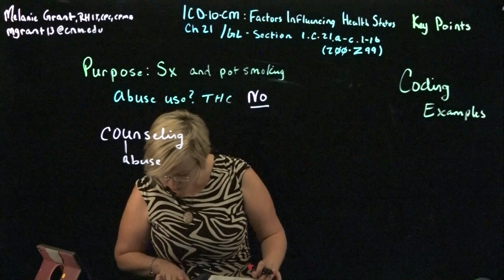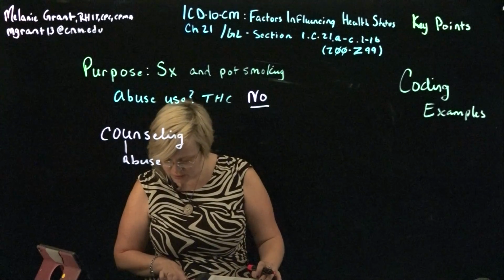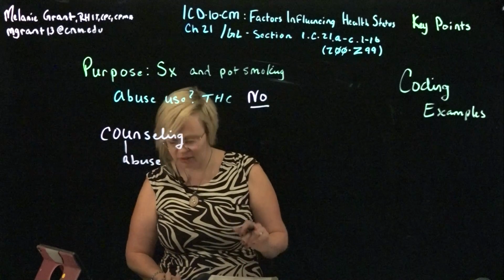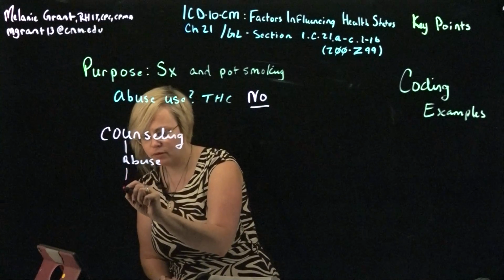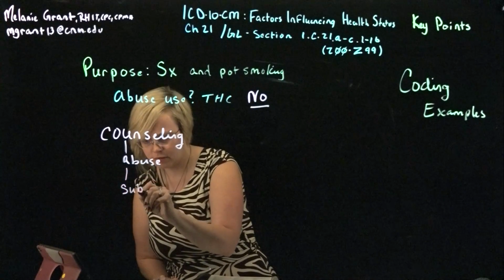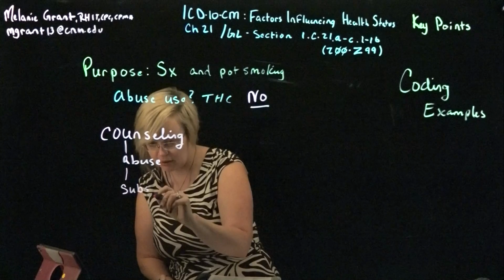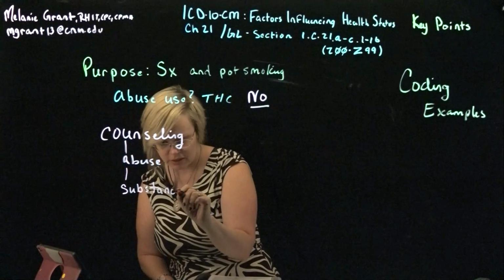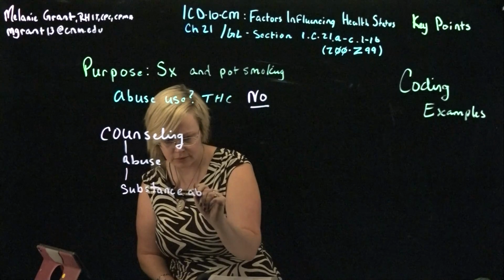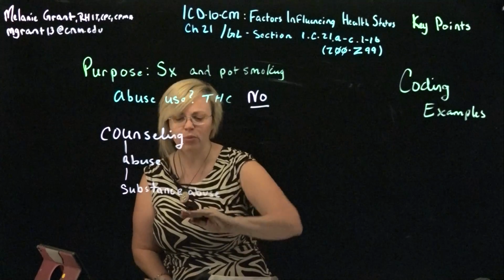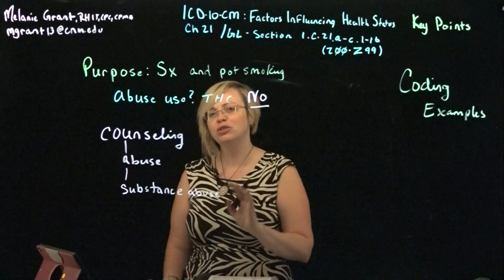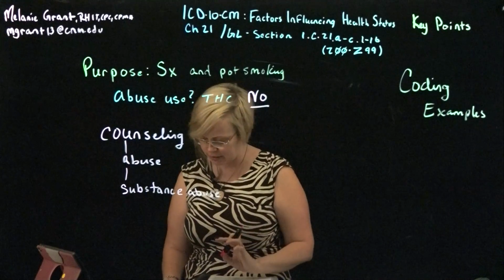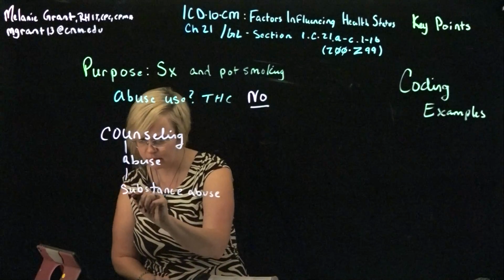I do not find marijuana abuse, but I do find under substance abuse the term drug, Z71.51. So I'm going to start there, and I'm going to see if that might include marijuana. It seems like it would. And remember, in this case, it's an encounter to counsel about these things, not a diagnosis that they have these things. Okay.